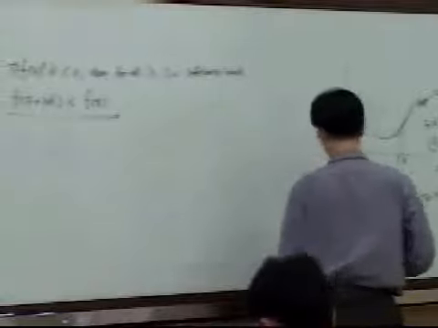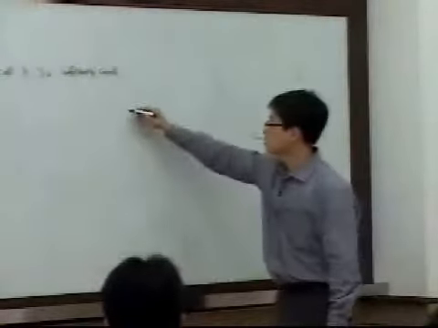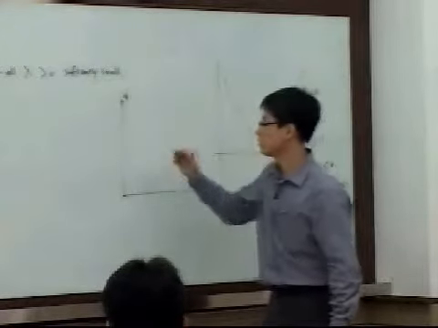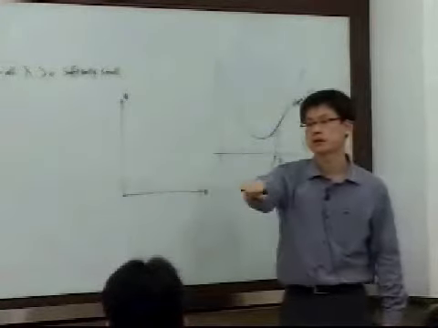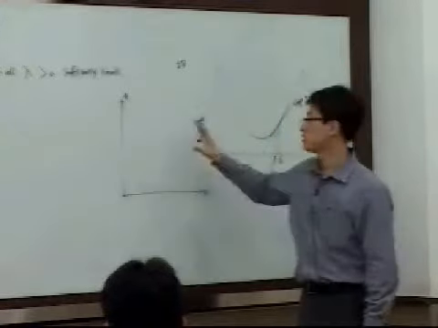Okay, let's use another example. This is the x axis, this is y, and there is a z axis pointing out of this board. Now we are talking about two dimensions.